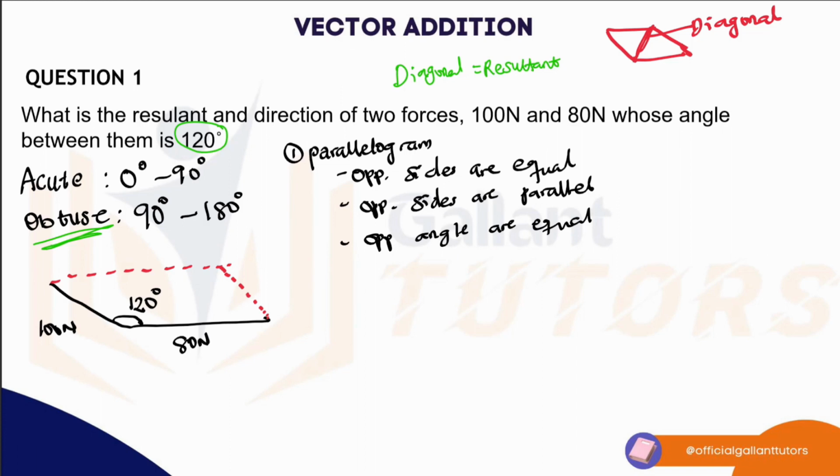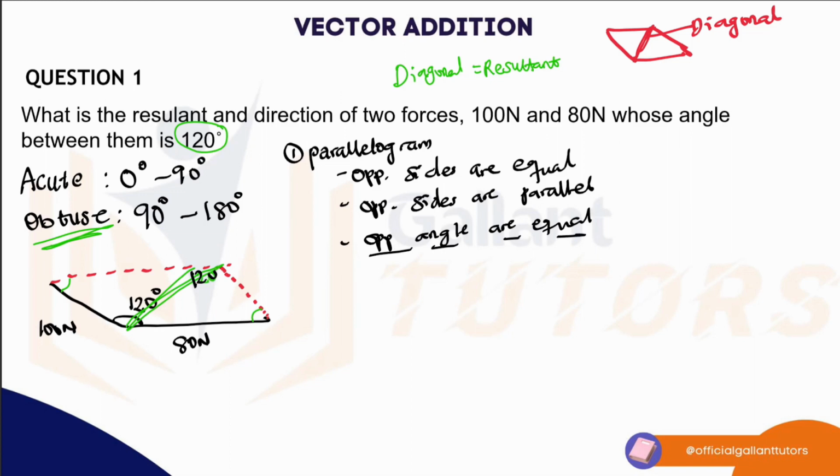Where do you think our resultant, or the diagonal, will be? It will definitely be this, something like this. Good. So we have to look for what this angle is, and also what this angle is. This 120 degree is also 120 degree here. Opposite sides are equal, I said so.